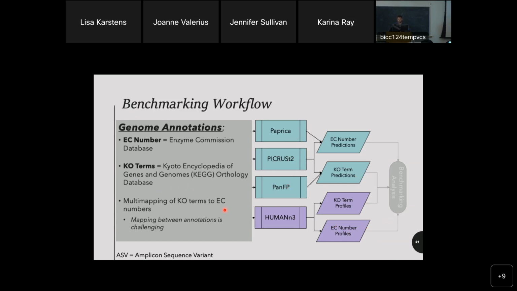This made mapping between annotation types very difficult. So we decided to just keep these separate because PyCrust2 was able to generate metagenome predictions in terms of multiple different types of genome annotations, including both EC numbers and KO terms. And Human3 as well was able to generate metagenome profiles in terms of multiple different genome annotation types, including KO terms and EC numbers.